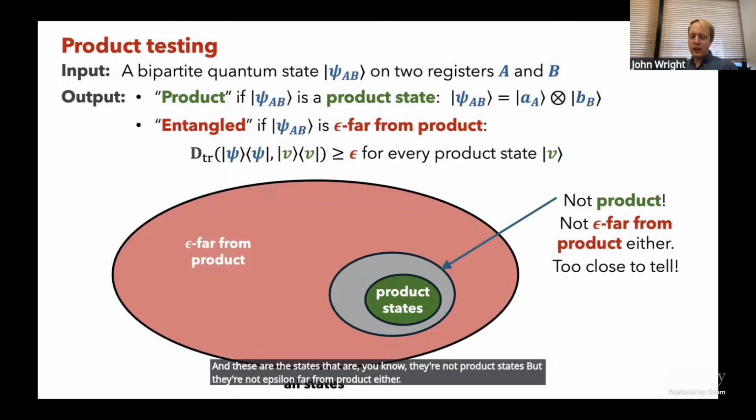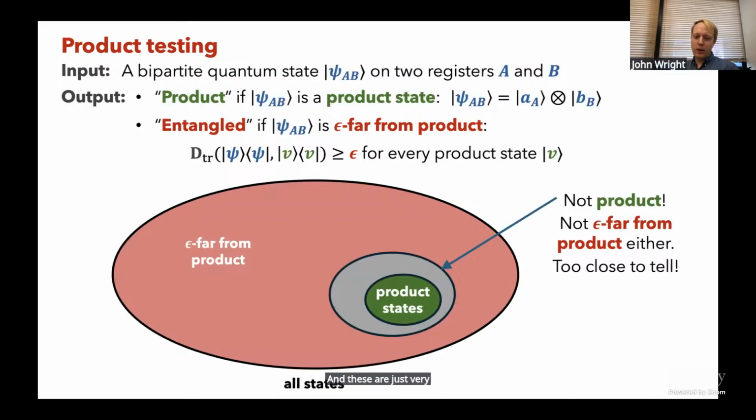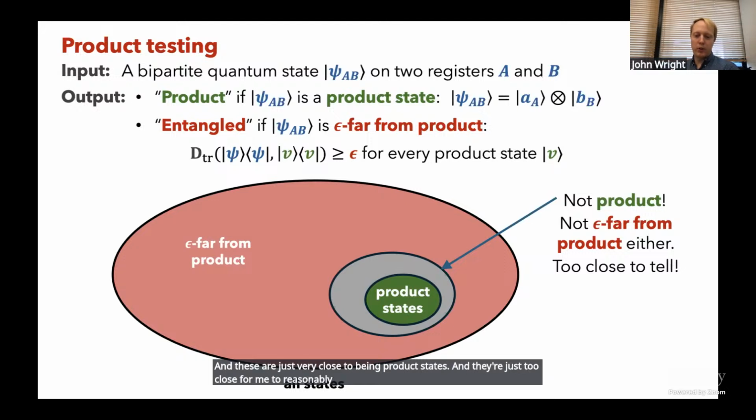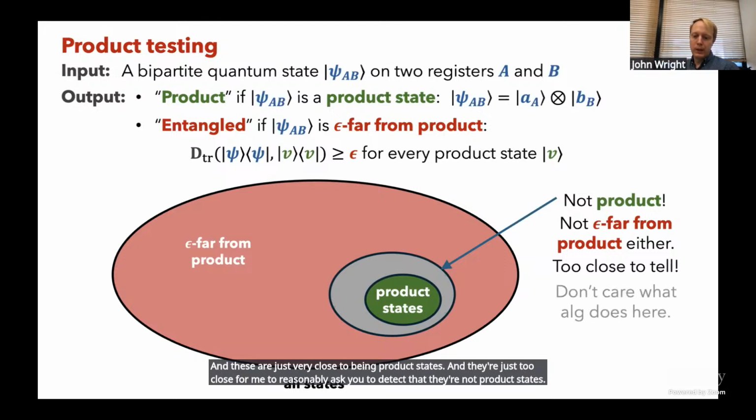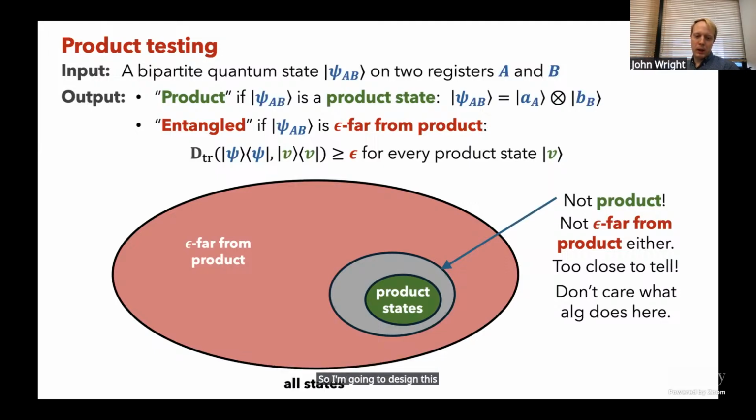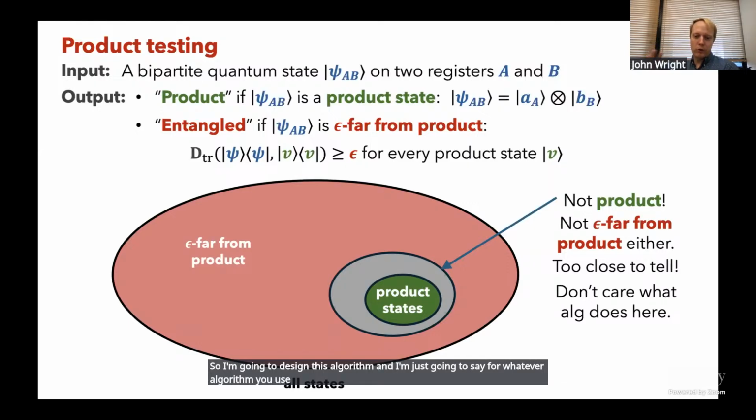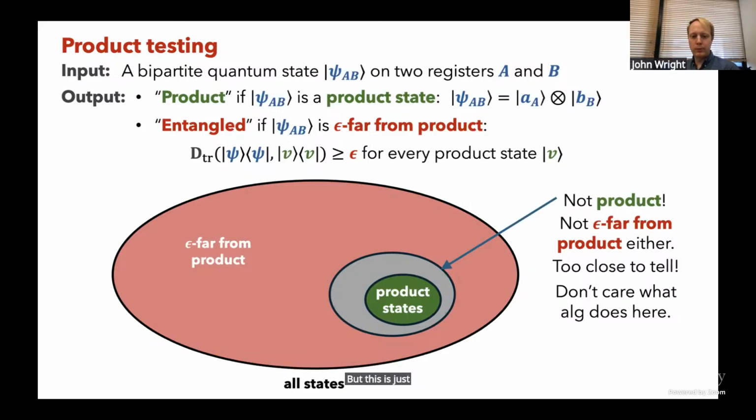They're very close to being product states, too close for me to reasonably ask you to detect that they're not product. So for whatever algorithm you use, I don't care what it does on this gray region. All that matters is what happens in the green region and the red region. This is just a standard property testing model.